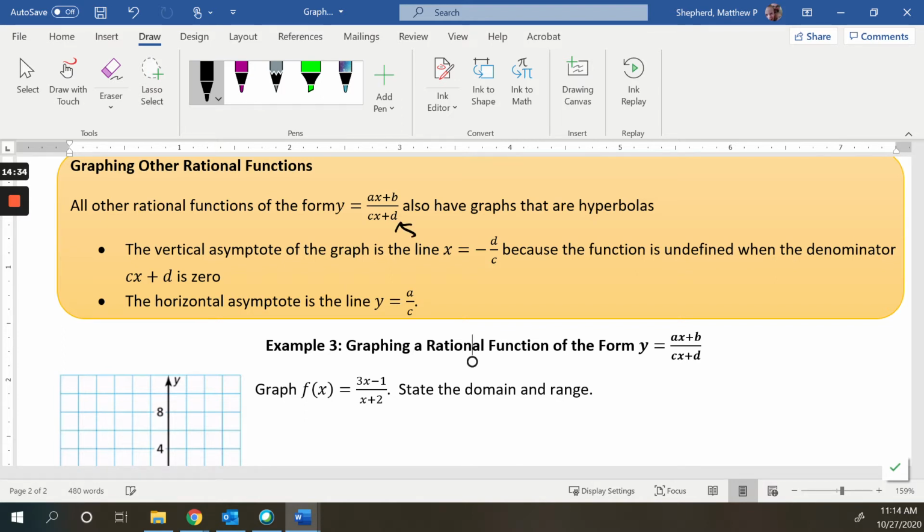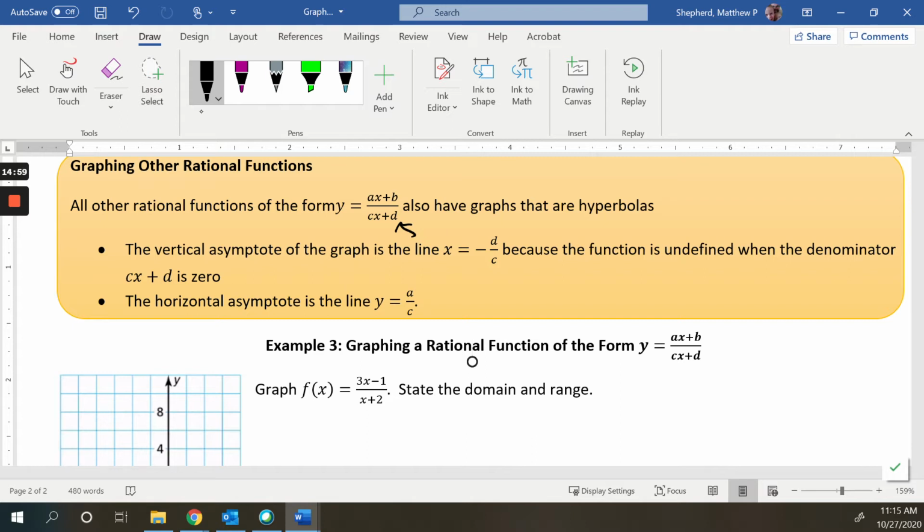Just like when we solved for excluded values, whatever value would have to be excluded, these places where the denominator is 0, are places where you're going to have a vertical asymptote. There are some exceptions, such as holes rather than asymptotes, that will be discussed in a later video.